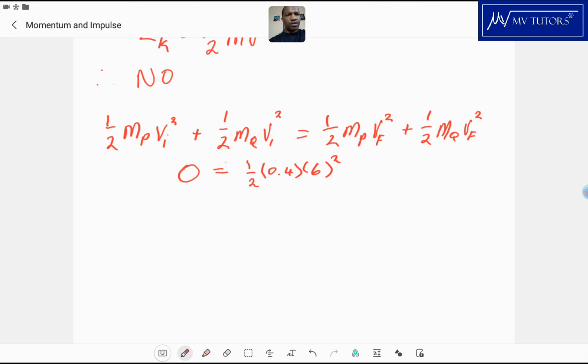We already know it's not going to be equal, so I'm just going to put not equal to, because this will give us an actual number.